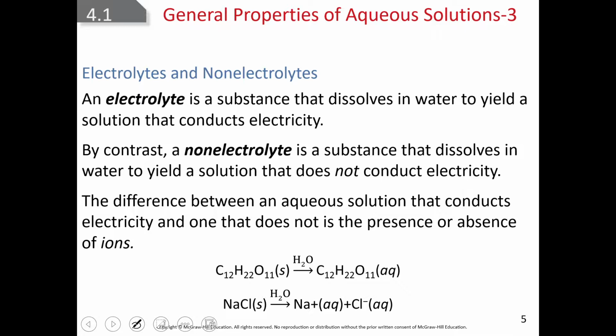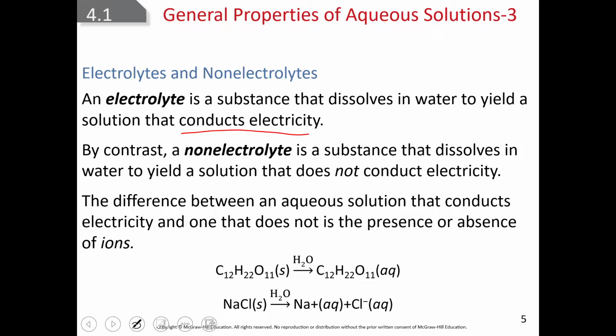When we have these solutions, they can be electrolytic solutions or non-electrolytic solutions. All we mean by that is if we're talking about an electrolytic solution, that means there's an electrolyte in some way, shape, or form in the solution. It is something that will dissolve in water and it will conduct electricity.